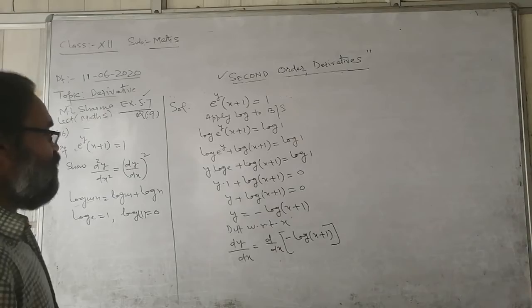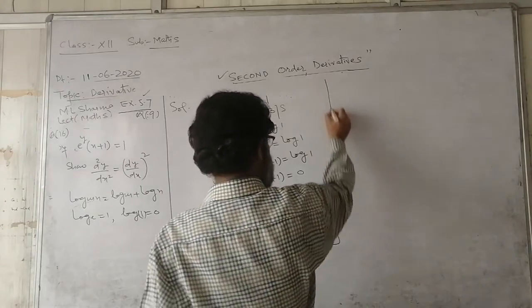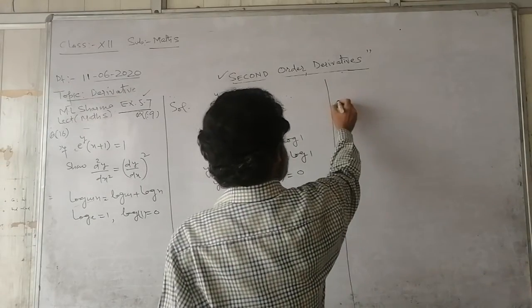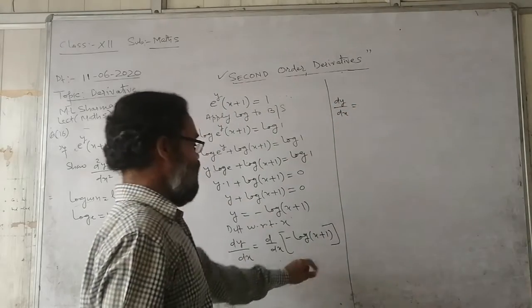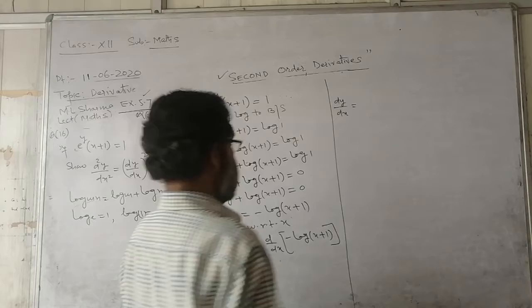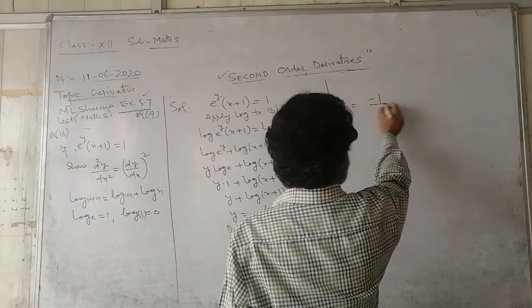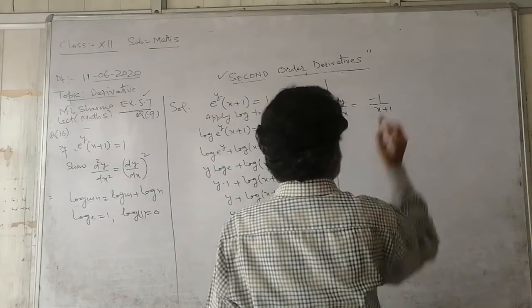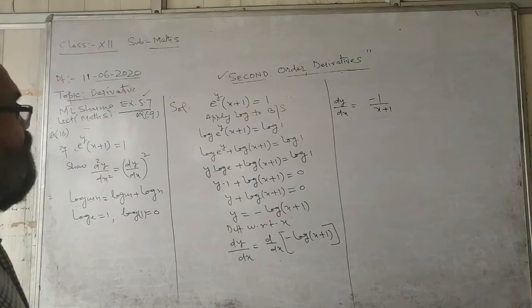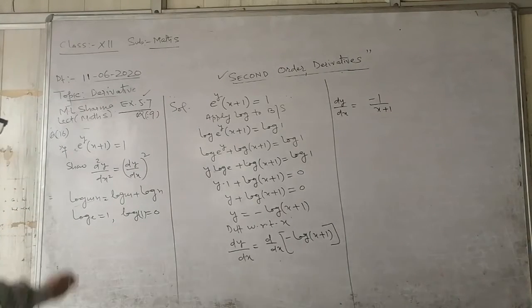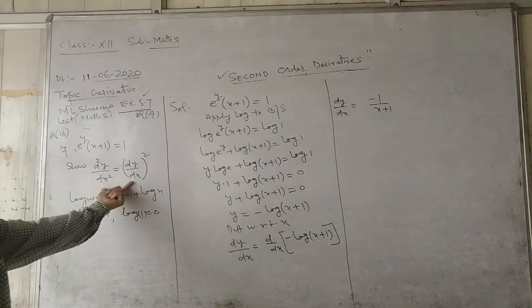The derivative of log is 1 upon x plus 1, so dy upon dx will be minus 1 upon x plus 1. So this is the value of the first order derivative.